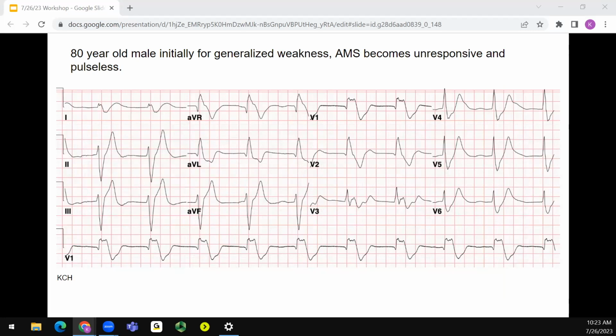All right. An 80-year-old male initially presented with general weakness and altered mental status, and now is in cardiac arrest. But this is their EKG right before cardiac arrest. They also have a distended abdomen.